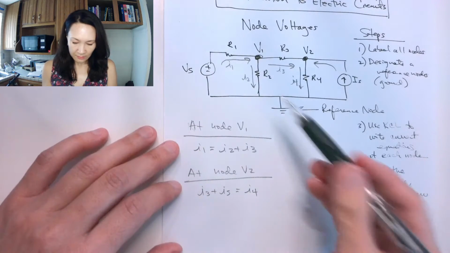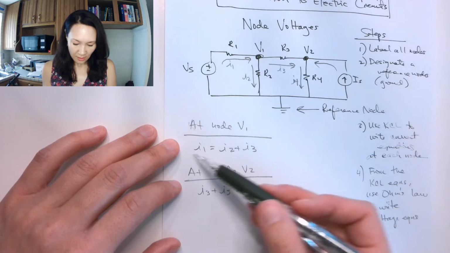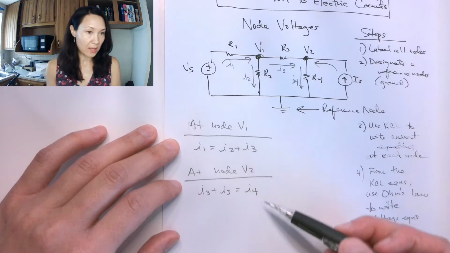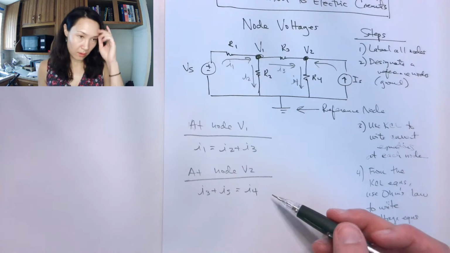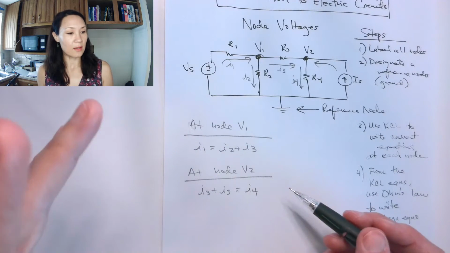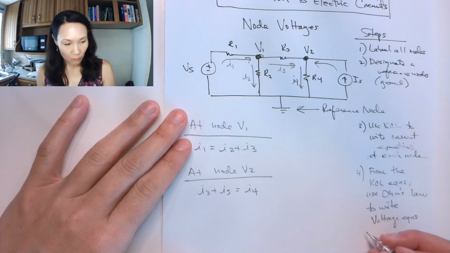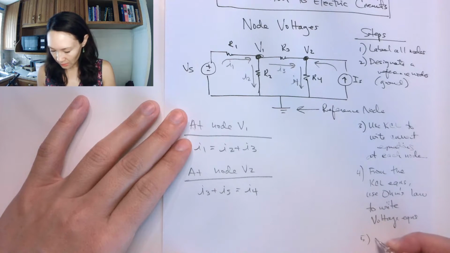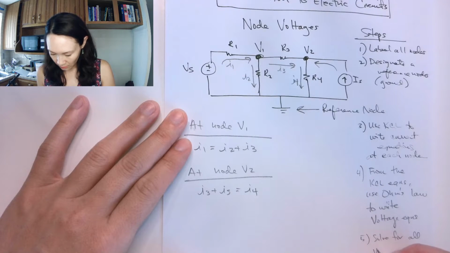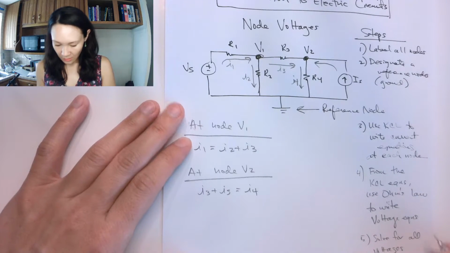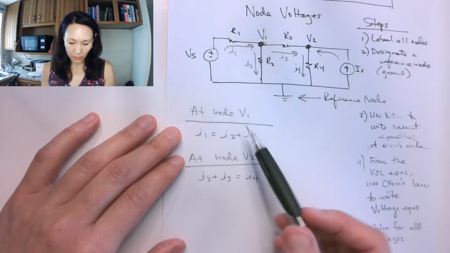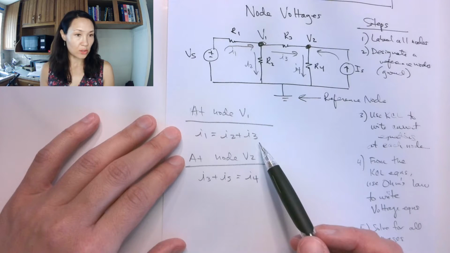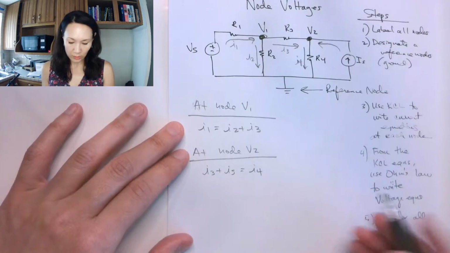Since I have resistors, I'm going to basically rewrite these two equations to be voltage equations in terms of voltage and resistance instead of current. And then once I've done that, the last step is I just solve for all voltages. Okay, so let me show you how we would change these current equations into our node voltage equations.